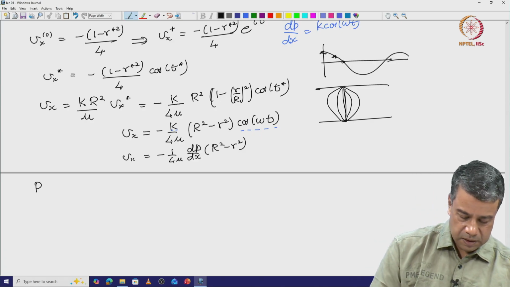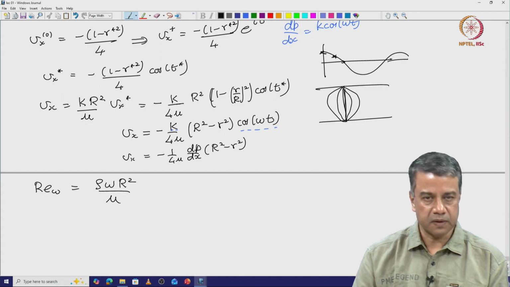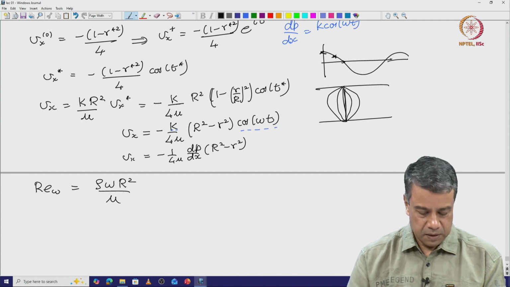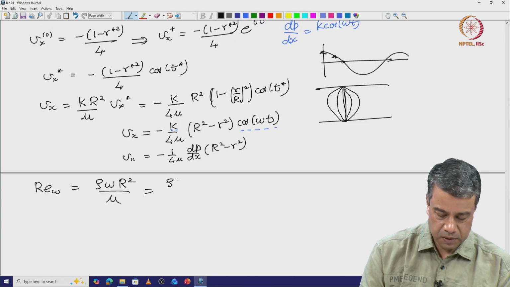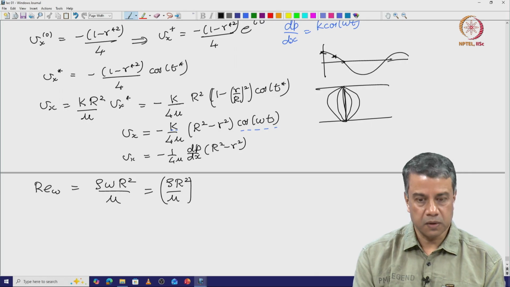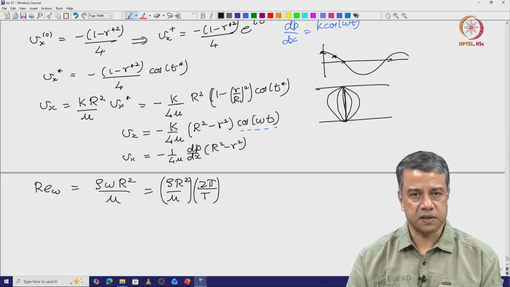So, Re omega I had written as rho omega R square by mu. I can also write this as rho R square by mu into 2 pi by the time period of oscillation of the pressure cycle.